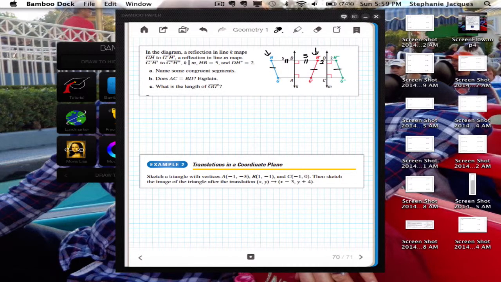So let's look at what they want us to do. A, name some congruent sides. So we're just going to name a few. We did say that GH and G prime H prime and G double prime H double prime were congruent. Those are a set of congruent statements.